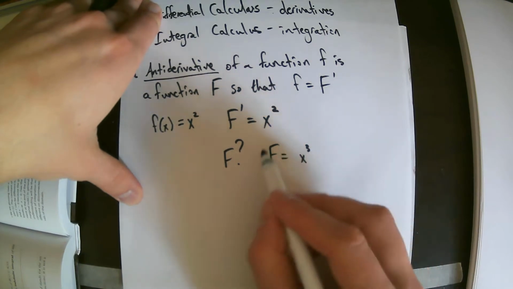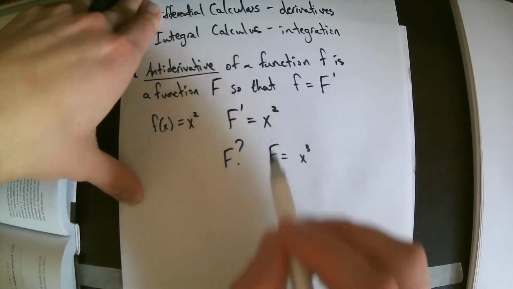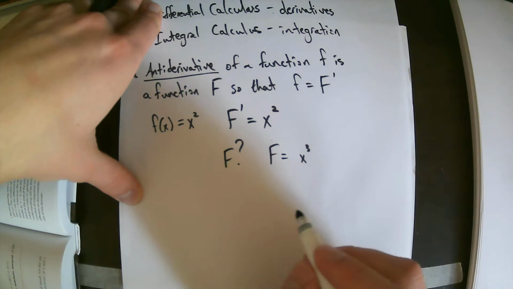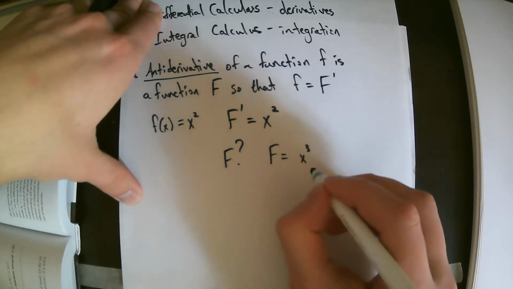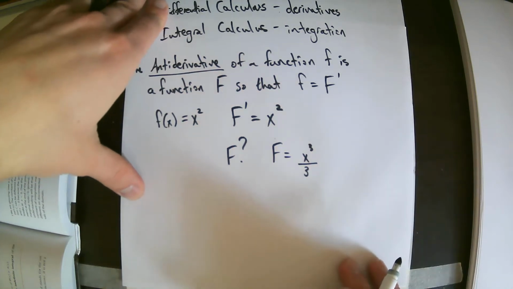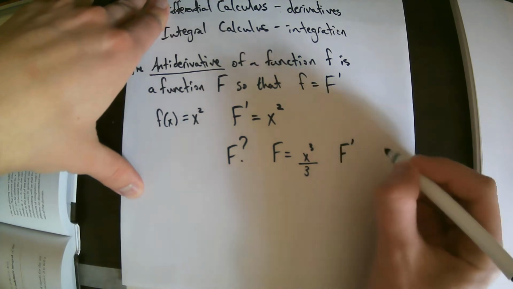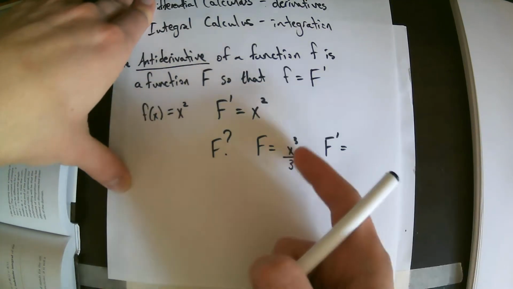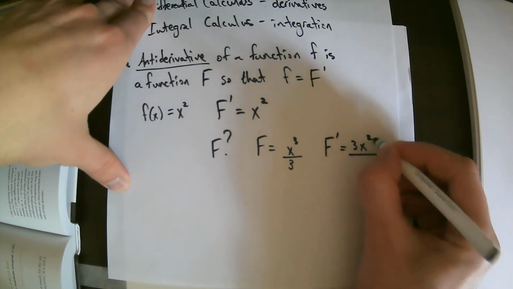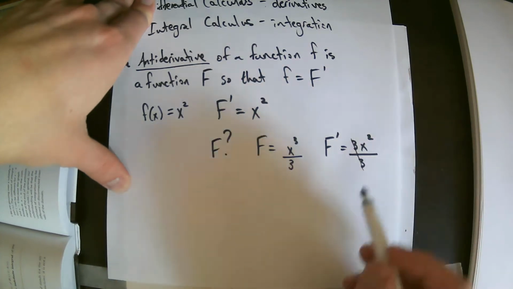But if I take the derivative of this, I'll have 3x squared, right? But I want just x squared. So it's close, but it's off by a coefficient of 3. But if I add a factor of 1 over 3 here, now when I take the derivative, I get capital F prime: drop the 3, lower the exponent by 1, and then the 3's cancel, and I'm left with x squared.